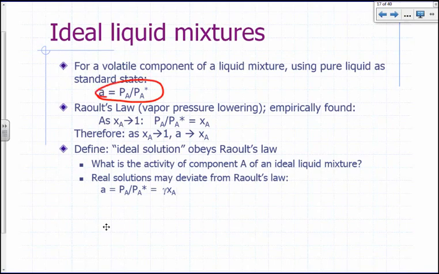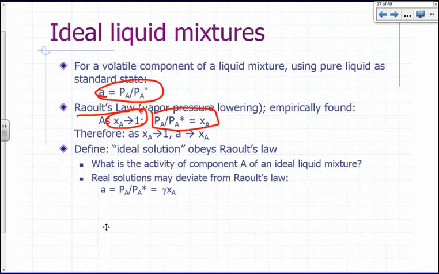You've seen an equation similar to this in your earlier courses. It's called Raoult's law. When you talked about colligative properties in your freshman chemistry, it was empirically found that as the mole fraction of the solvent approaches 1, in other words for very dilute solutions, PA over PA star is equal to the mole fraction of A in the liquid. What is this saying?